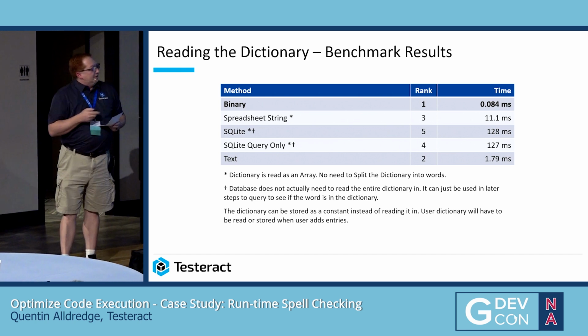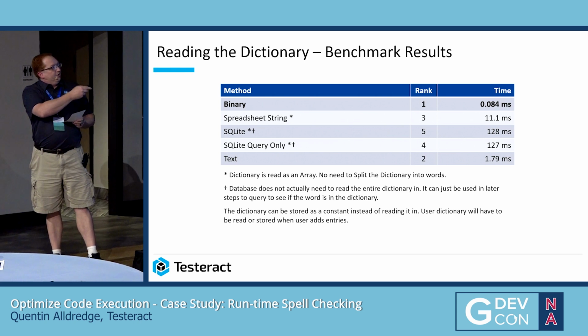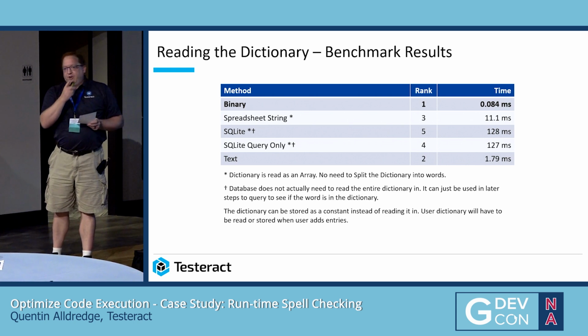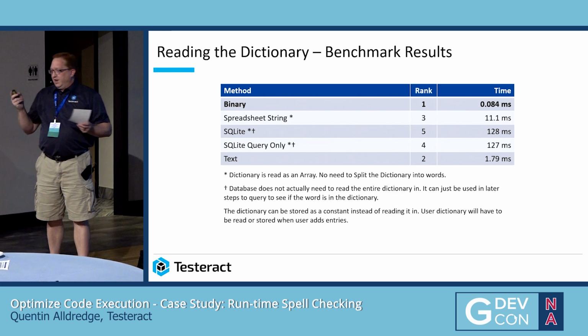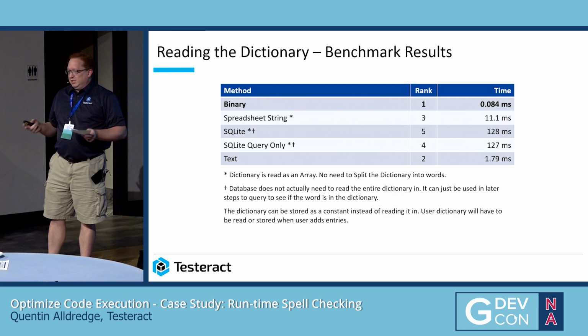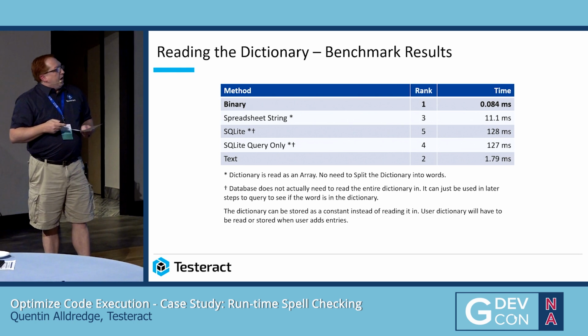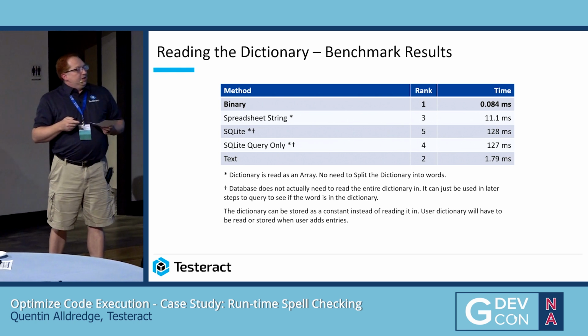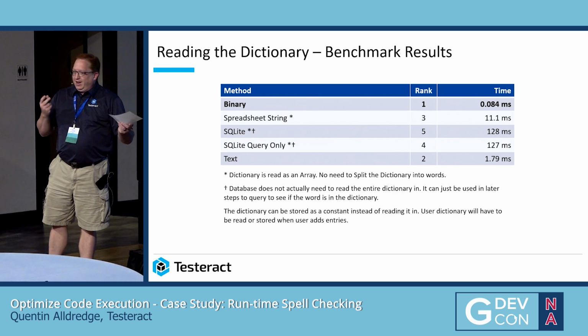So there's some caveats to this one. The dictionary read as an array, the spreadsheet string reads it as an array rather than as a text. So on later steps, we don't have to actually split the string up. Like I said, the database doesn't actually read the entire dictionary because it's already in a file.